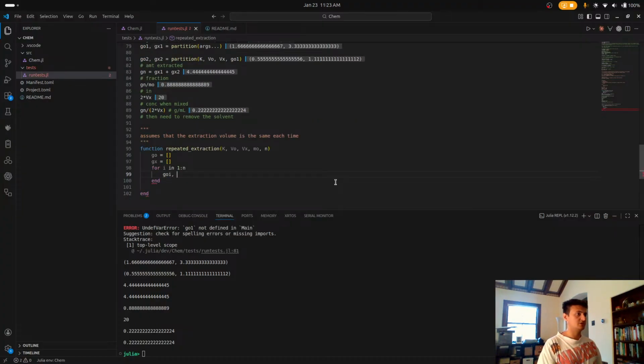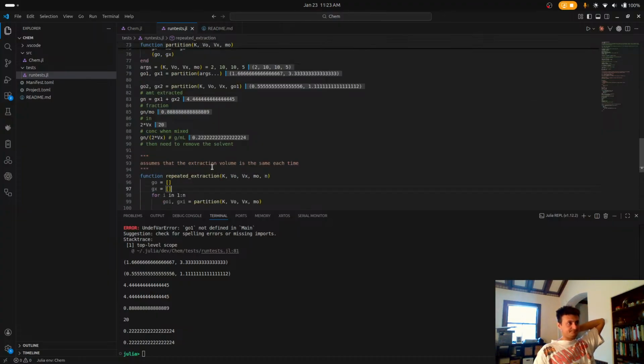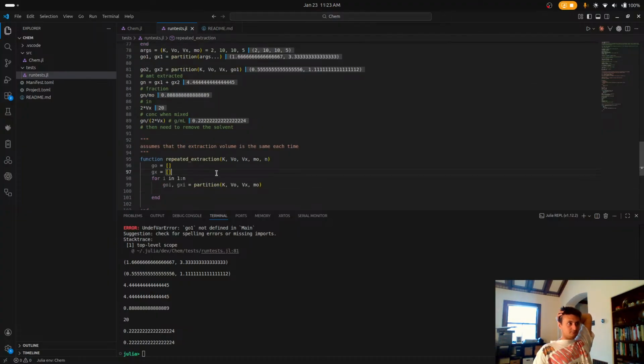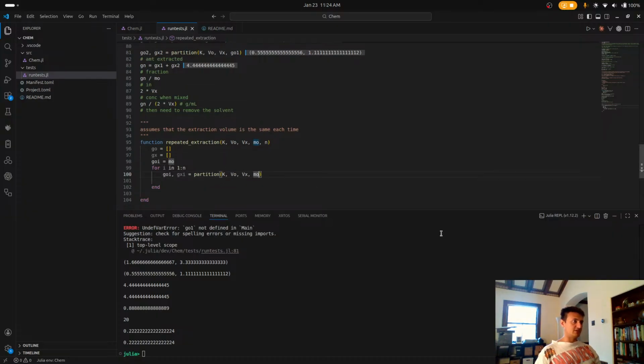GOI, GXI is equal to partition of K, VO, VX, MO. But we can't do this because we need to start off with, we're gonna say that like that. I need to think about it.